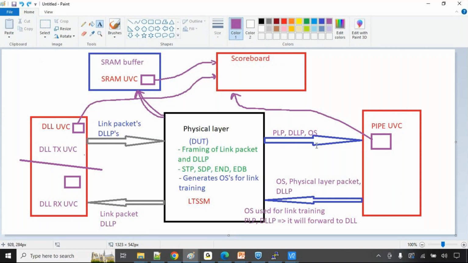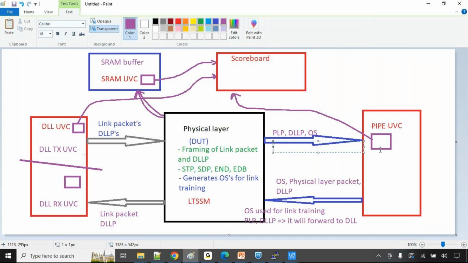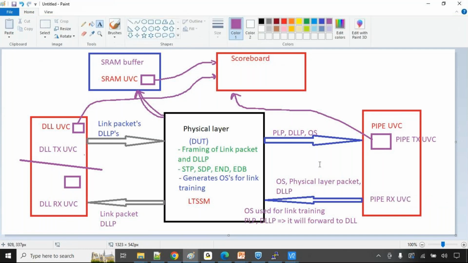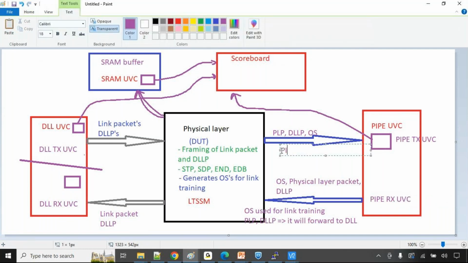So I will name this the pipe transmit UVC, and this I'll call the pipe RX receive UVC. That means the pipe transmit interface, and this I'll call the pipe RX interface.